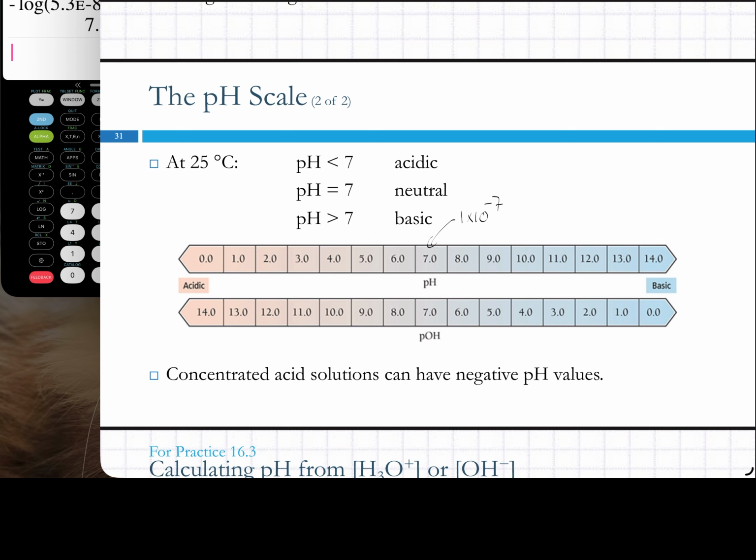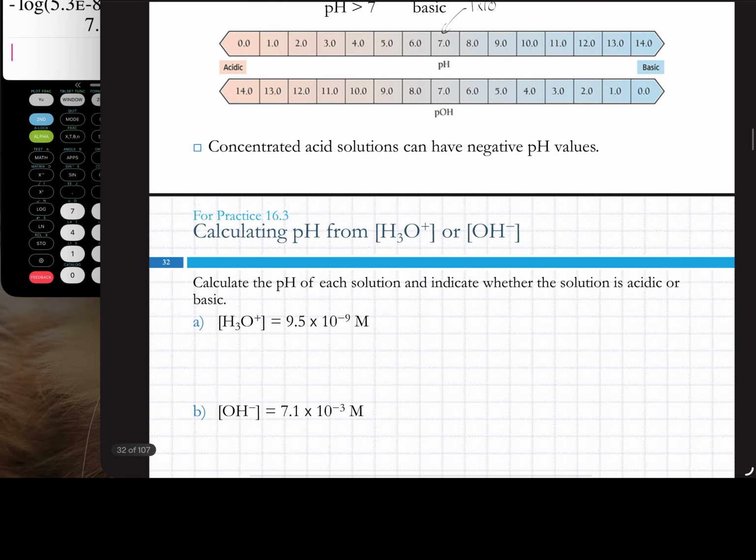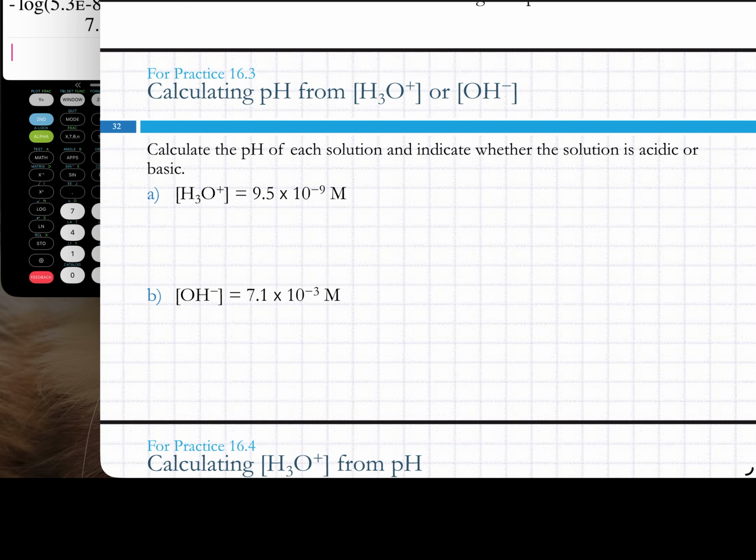So if the pH is lower than 7, or if the concentration of acid is higher than 1 times 10 to the negative 7, then it's acidic. And pOH is just the negative log of the OH minus concentration. And it is possible to have negative pH values for really concentrated acids or superacids. That's the official name, superacids.